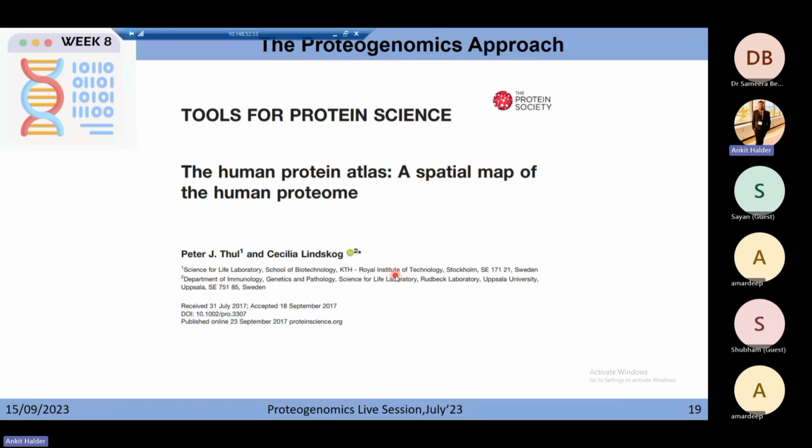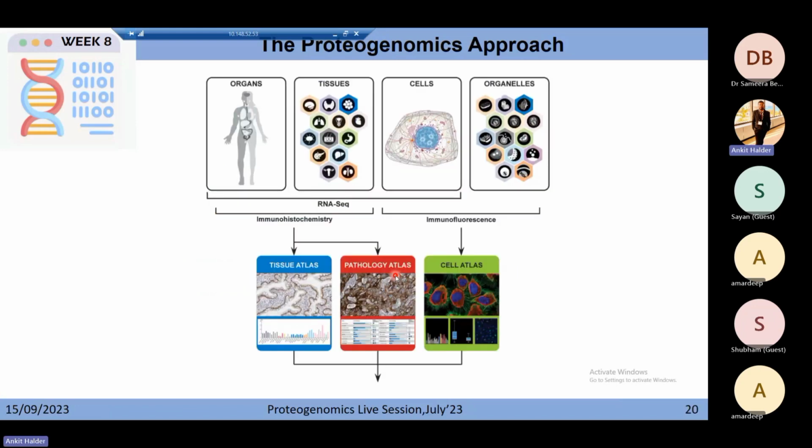They have different projects which we will look at: how much is the RNA-seq expression level, and how much is the protein expression level. All those things are present accordingly. You have the organs, the tissues, then the cells, then the organelles.